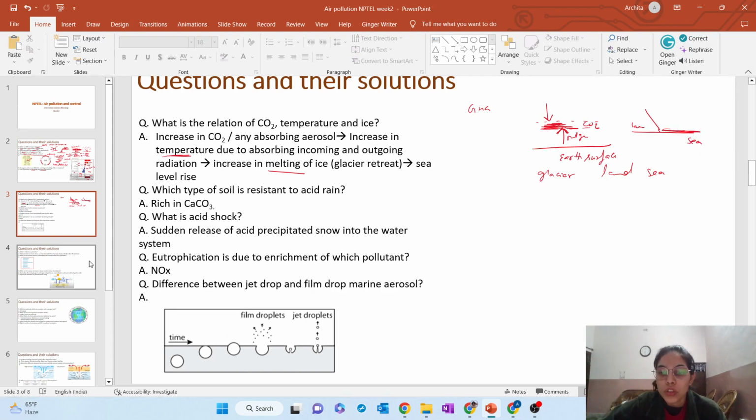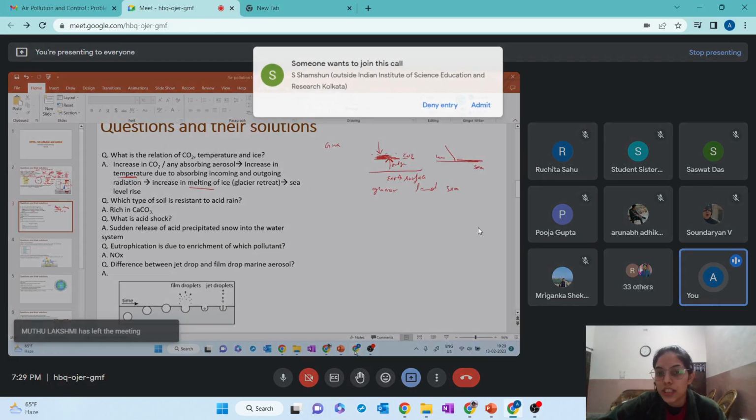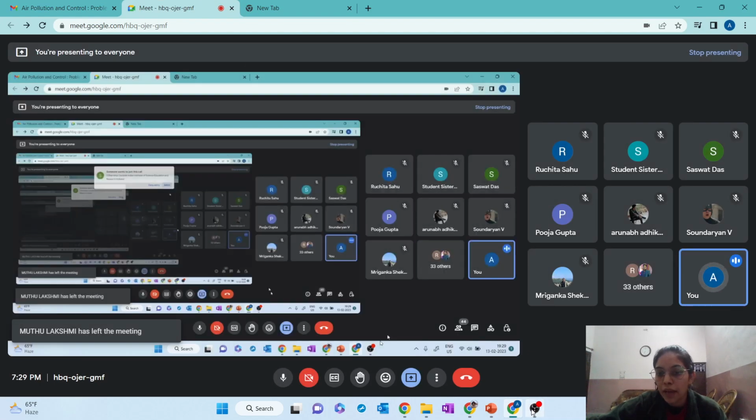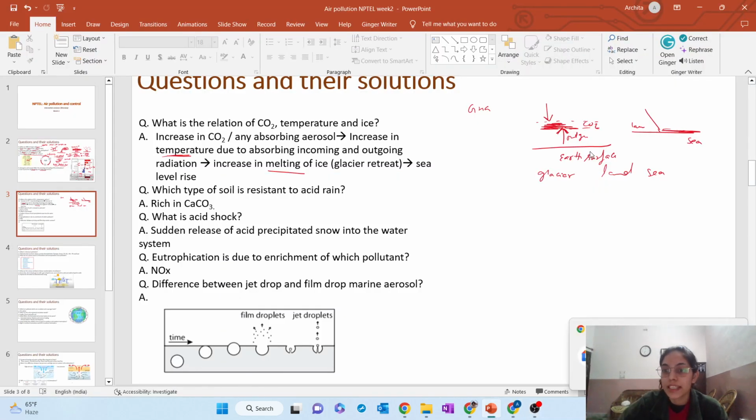If the glaciers are melting, what will happen? There is an increase in the sea level. So the sea level will rise, and if the sea level rises, what will happen? The coastal habitat, the buildings, the people, everyone who lives near the coast, their life will get affected because of this sea level rise.